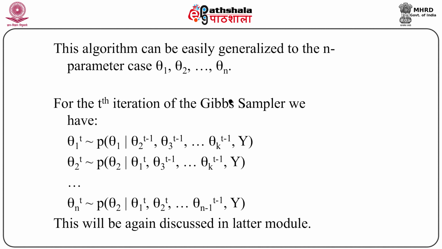So you can see that at the tth stage, every draw of the parameter is taken from its complete conditional at the previous stage, and that process is continued until we cover theta n.